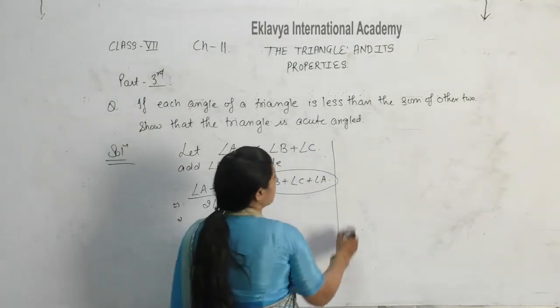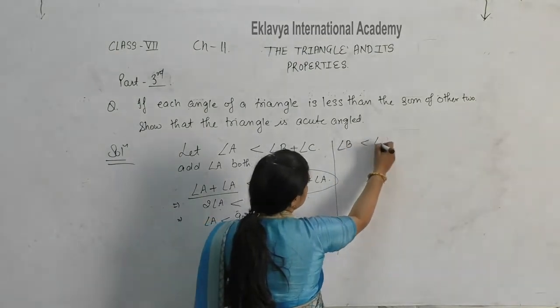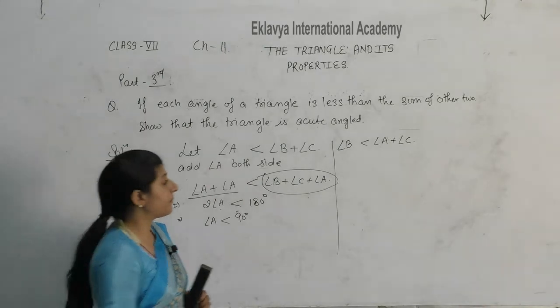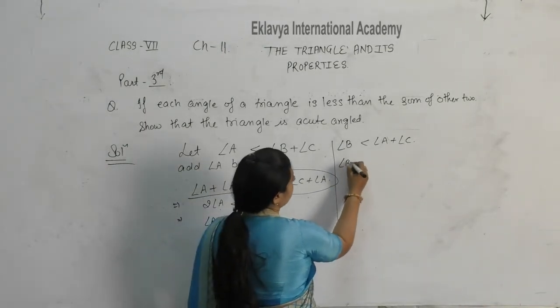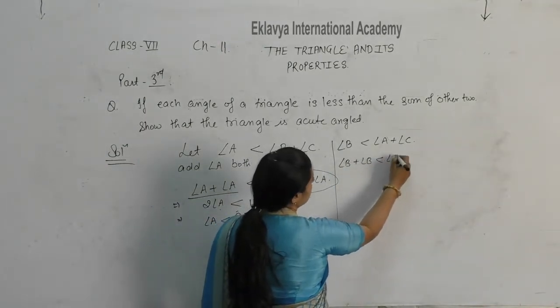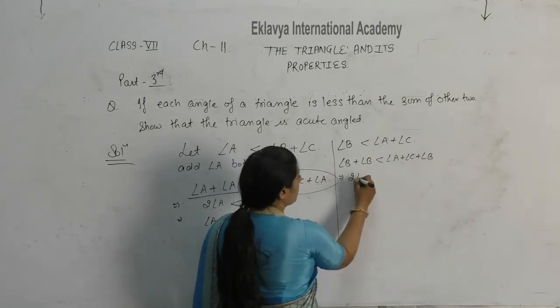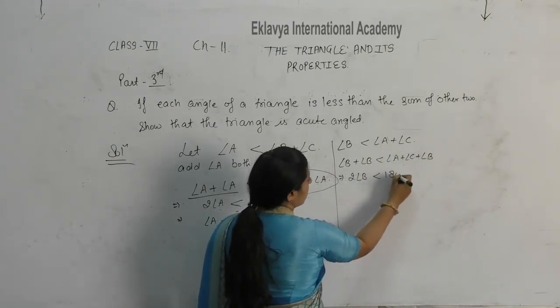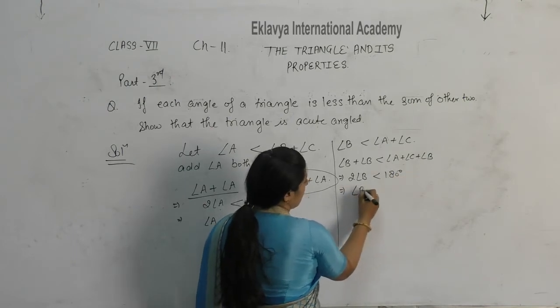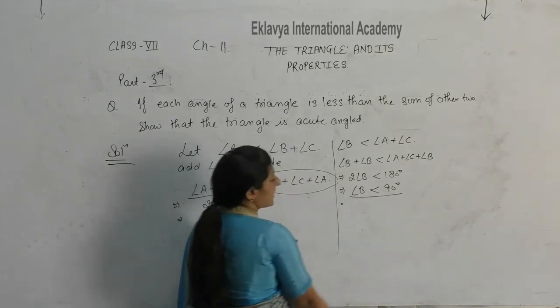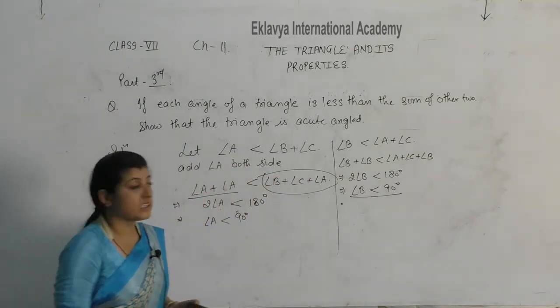Similarly, we can consider that angle B is less than angle A plus angle C. In this case, we add angle B to both sides, then it becomes 2 of angle B less than 180 degree, angle B less than 90 degree. So we can say this one is also an acute angle.